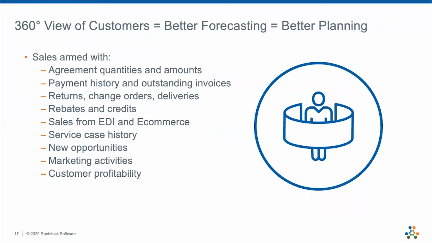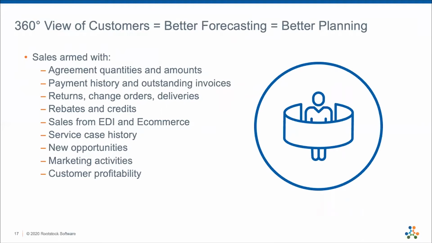At some point, a sales rep is going to create a forecast, and they can now see on that agreement how that customer is tracking against it. Not only can they see the agreement, because we're on the same cloud, they can see into all of Rootstock ERP: receivables, shipments, everything.